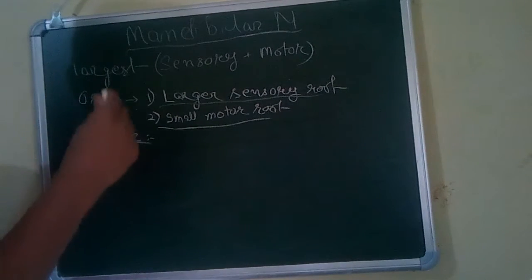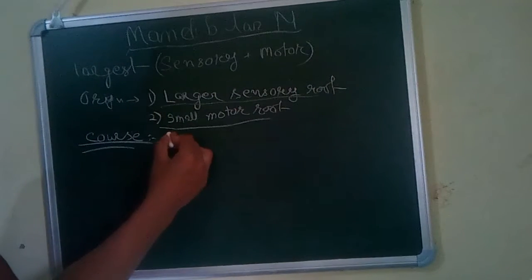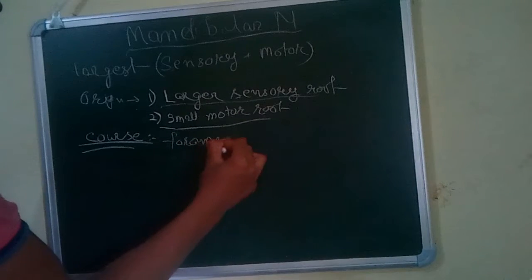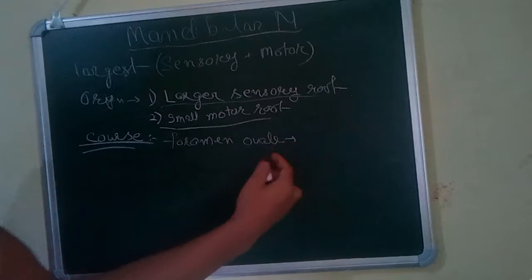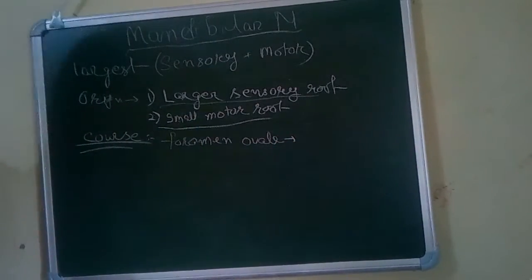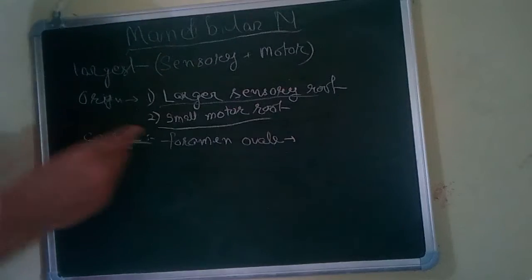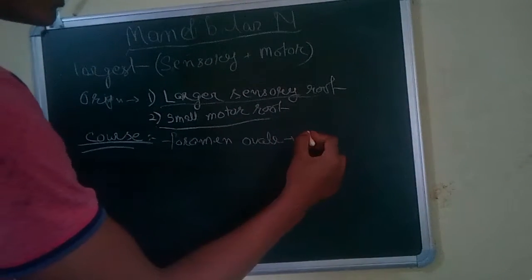Both roots pass through the foramen ovale and join to form one main trunk, which lies in the infratemporal fossa.